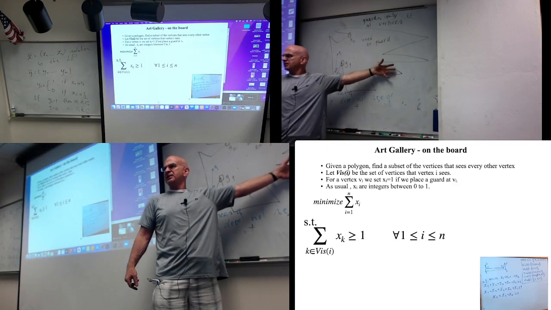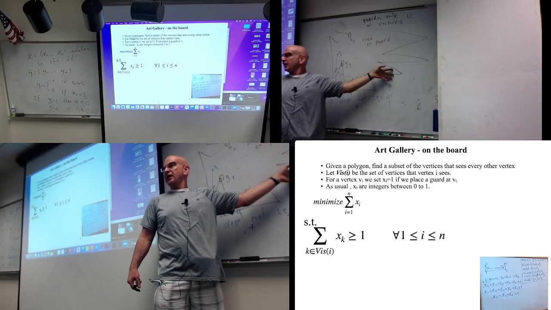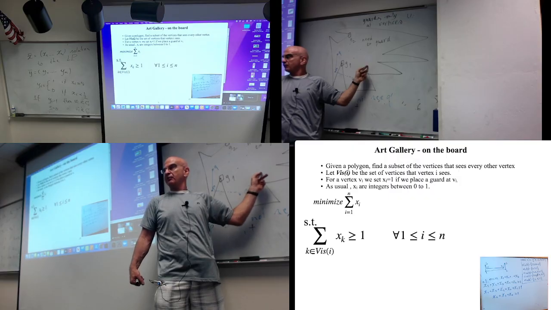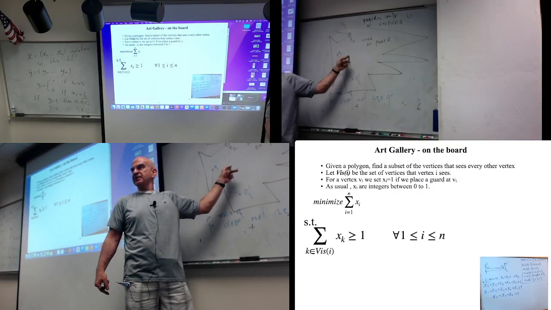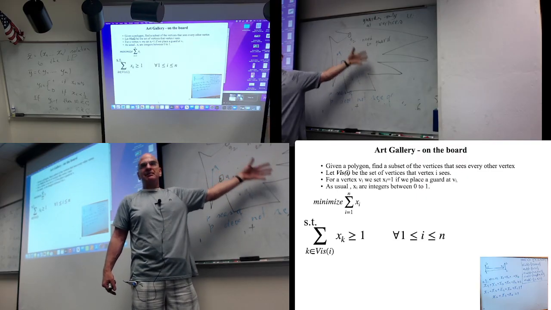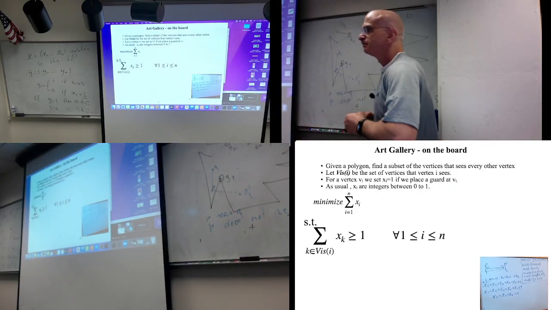Oh, I didn't tell you what the problem is. I want to pick guards so that every vertex of the polygon will be seen by one of my guards. So here I'm placing guards only on vertices, and I'm watching only vertices of the polygon, but I might as well do it for any point in the polygon.